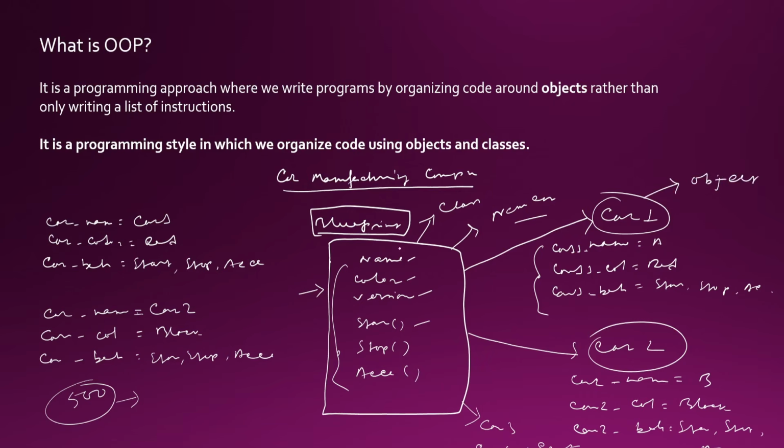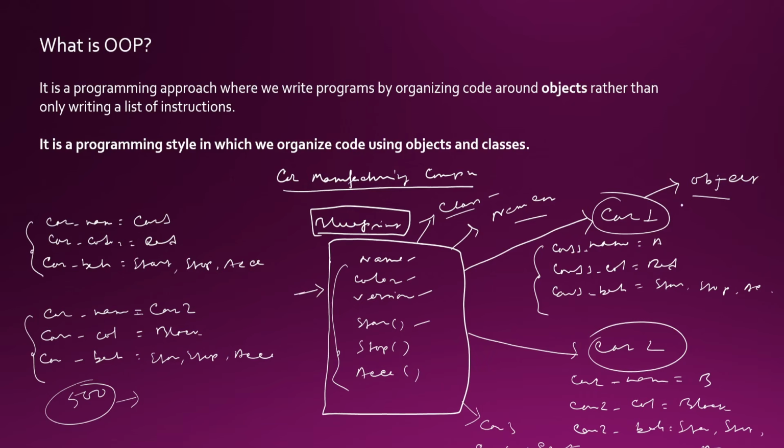That means whatever blueprint we are creating for our software, that is a class. And using this class, we are creating our objects. That means an object is an instance of a class. We are creating our class once, and using this class, we are creating our multiple objects one by one. So instead of writing all these codes again and again, we simplify our code and create one blueprint, that is a class.